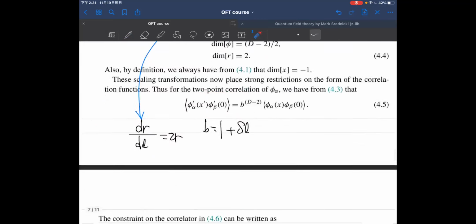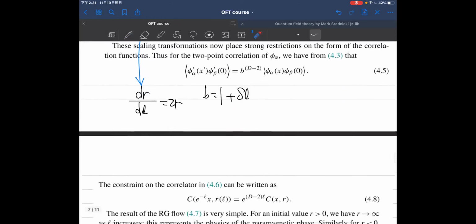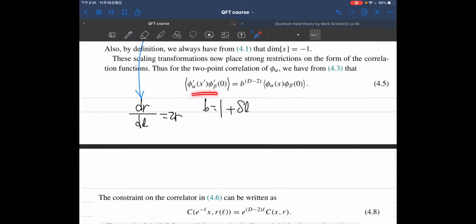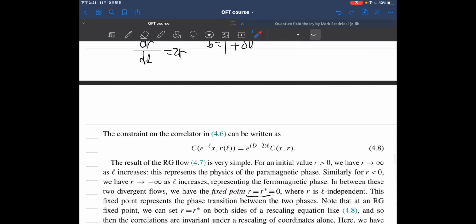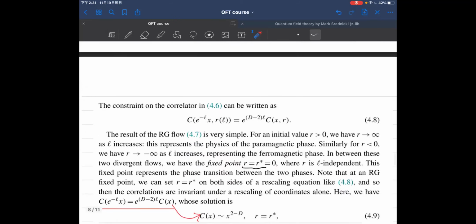Okay, so we just write it with another symbol like this. This means the new coordinates and the new r, the original model.